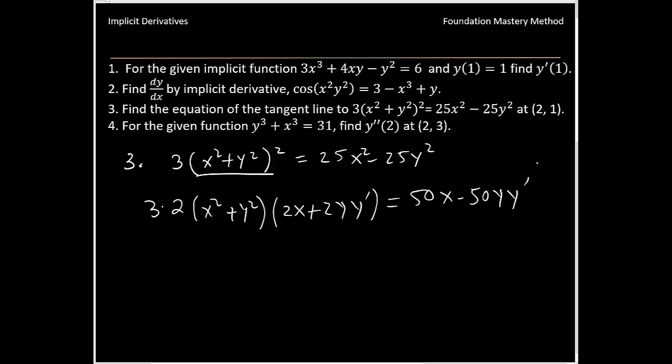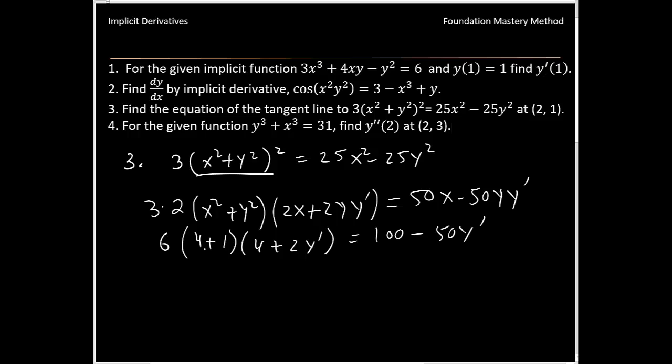Now we need to find y prime when x is 2 and y equals 1. So this one gives me 6, and then x is 2, so this is 4 plus 1. This one will give me 4 plus 2y prime. On the other side, x is 2, so this gives me 100 minus 50y prime.